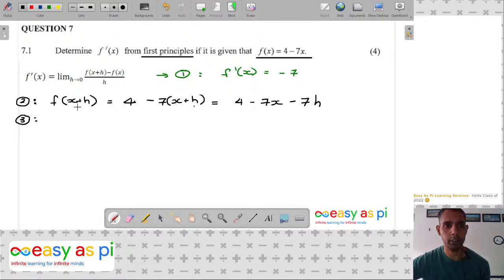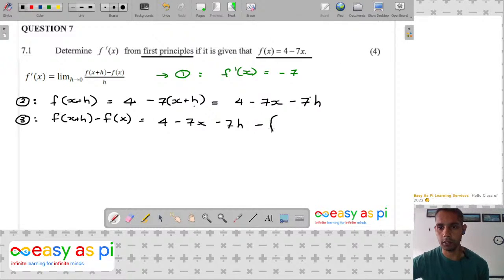Step number 3, then I'm going to say, what is f at x plus h minus f at x? That's going to be equal to this thing here: 4 minus 7x minus 7h minus, and then I'm going to open a bracket. And f of x is this thing here, so I'm going to say 4 minus 7x. I'm going to simplify this one.